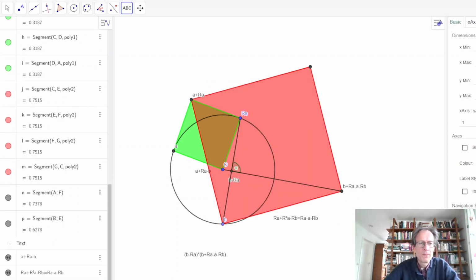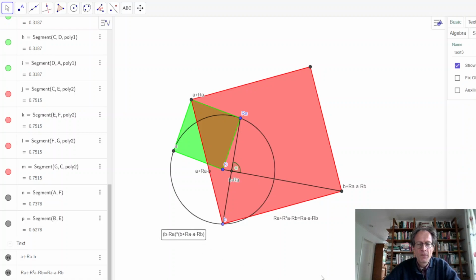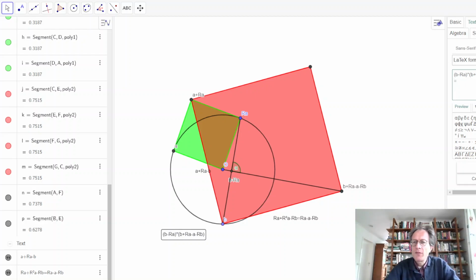What is that? I'm going to rewrite this: first I take B minus RA and the dot product with B plus RA, minus B minus RA and the dot product with A plus RB. That's just basic factoring out.